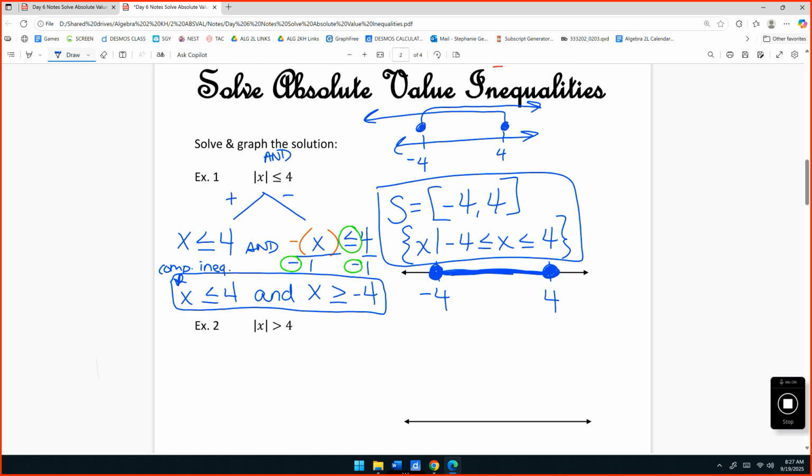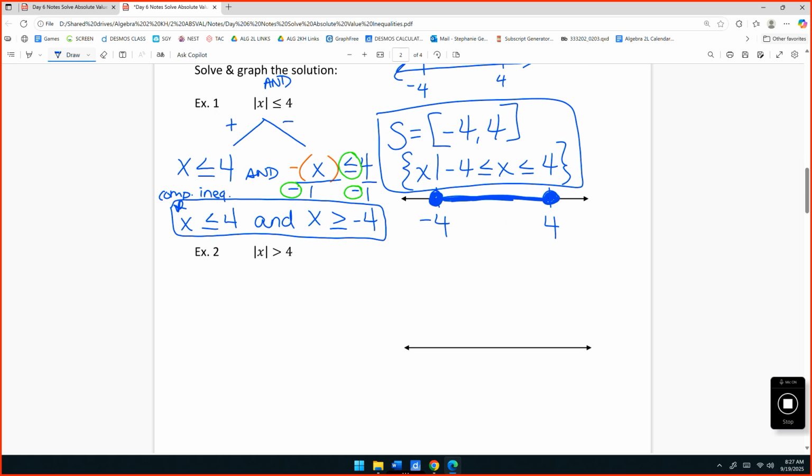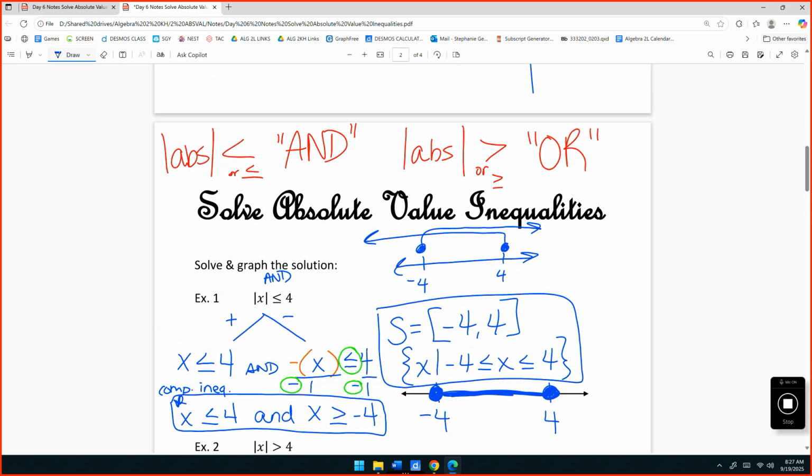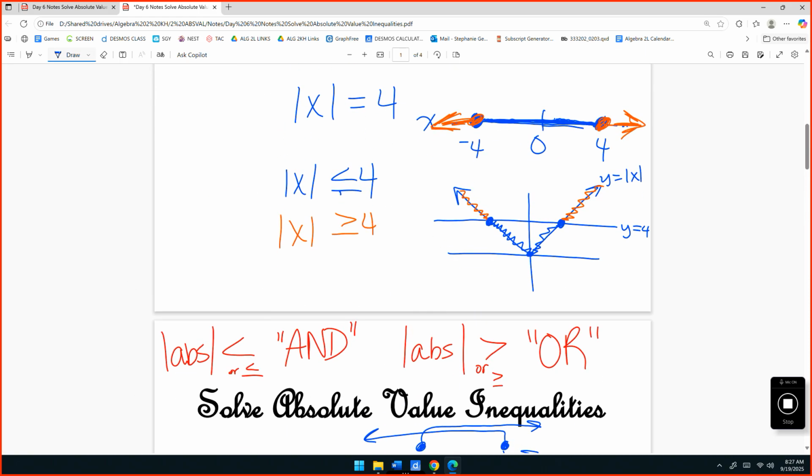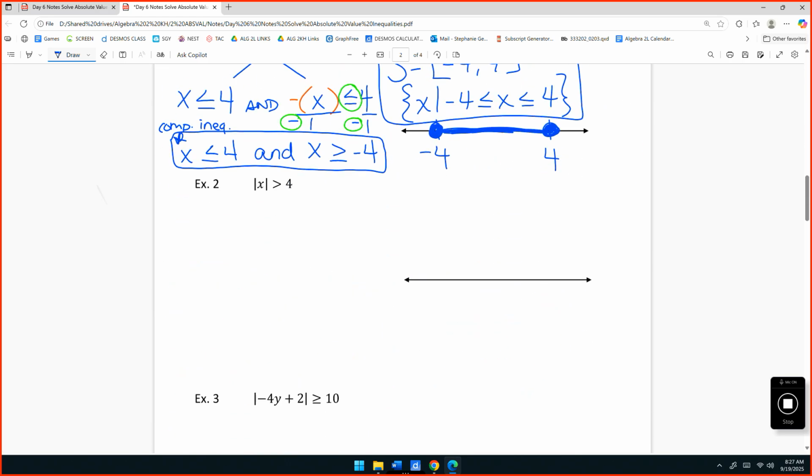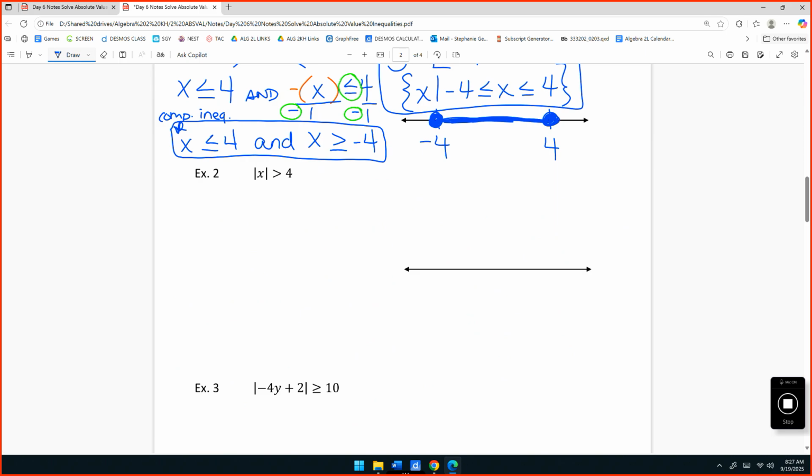Okay, and then we can also see why, I mean, we kind of talked about logically what happens if it's greater than. That's what I did in the orange. So we kind of know what's coming, but here's why, algebraically, it is the way that it is, right? So it's a greater than, which means it's or, more or, positive and negative paths.